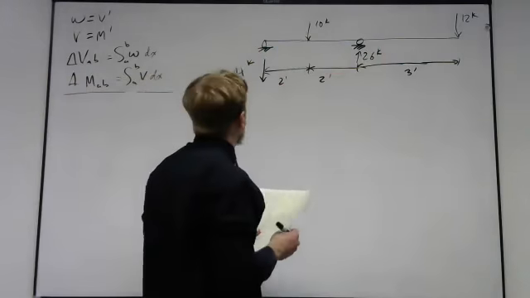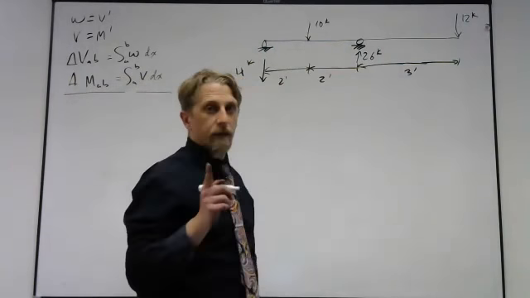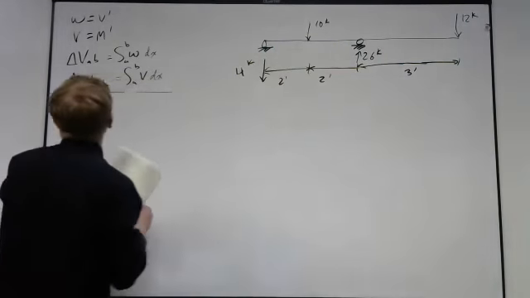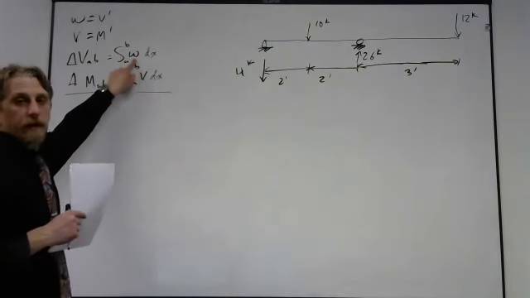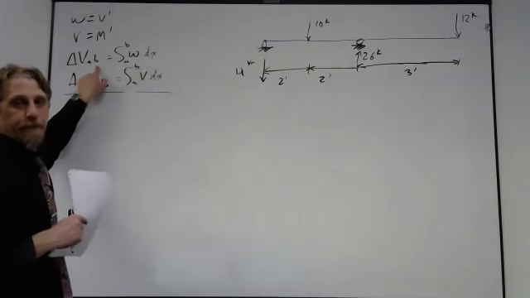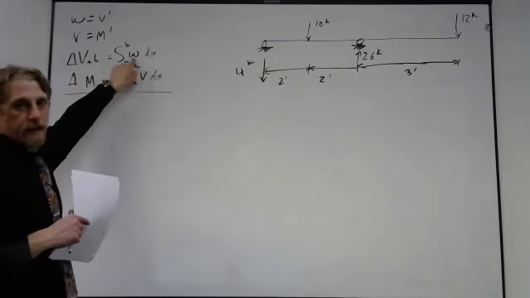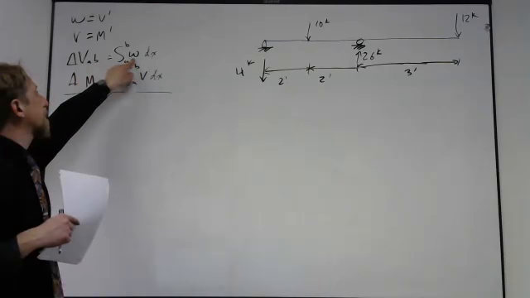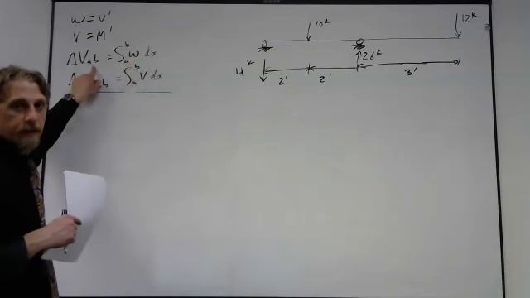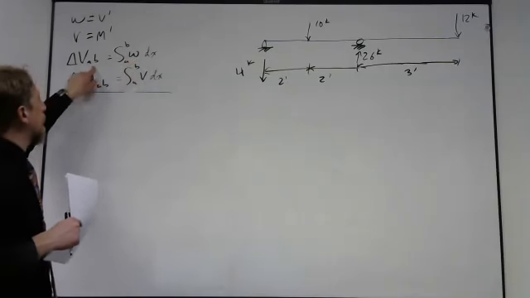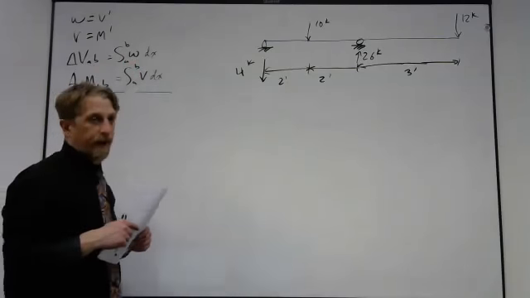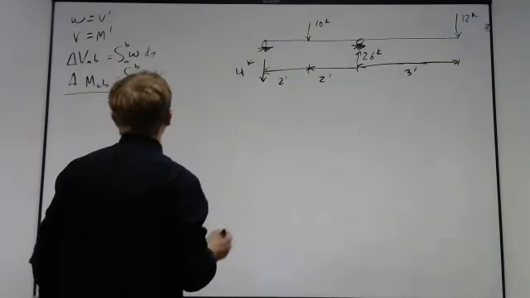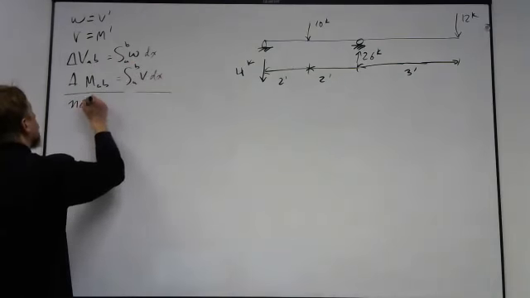The other thing I didn't mention is that a point load actually just causes a direct change in V. A point load is actually a delta function inside of here, and what you get is just the function back. I won't go into all of that, but I'll just make a note.